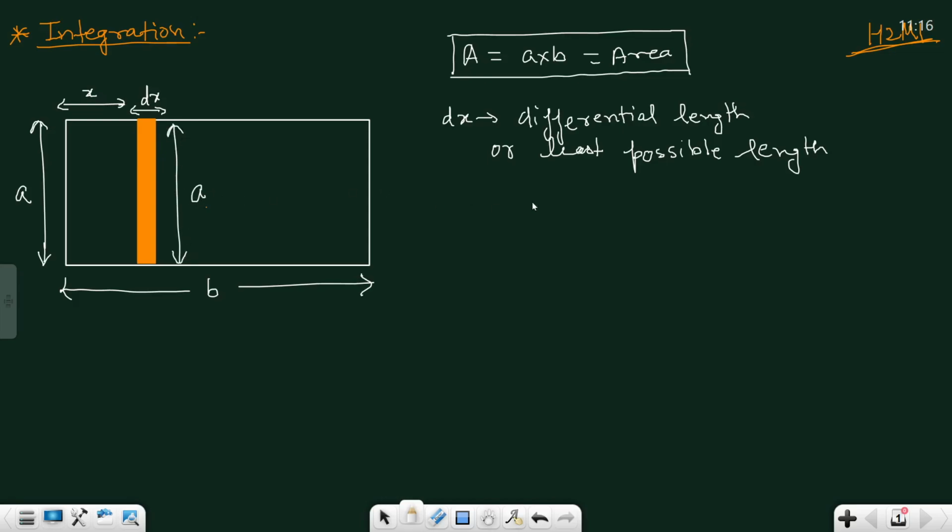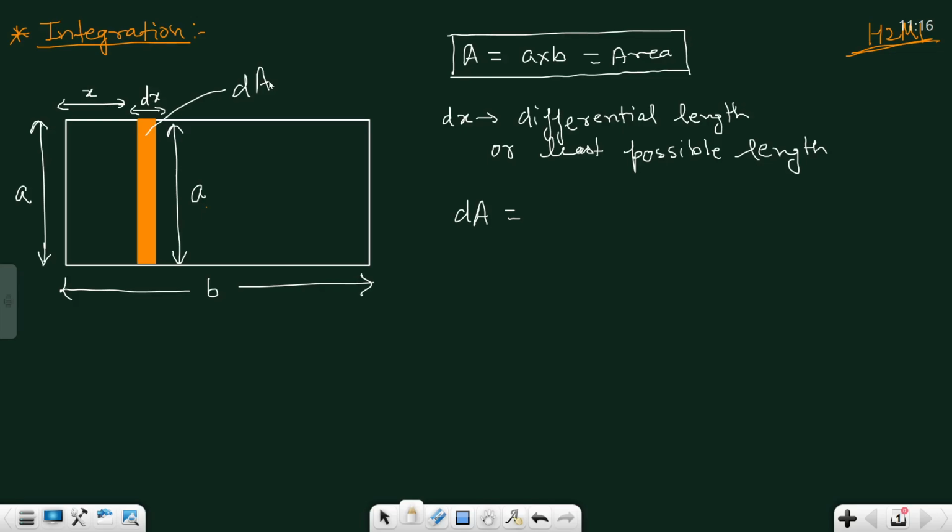So what will be the differential area of this strip? Differential area is the area of this strip. Whenever we write d, that means we are taking the differential. Differential area, differential length, differential time, whatever term you add as differential, that means the least possible unit you can take.